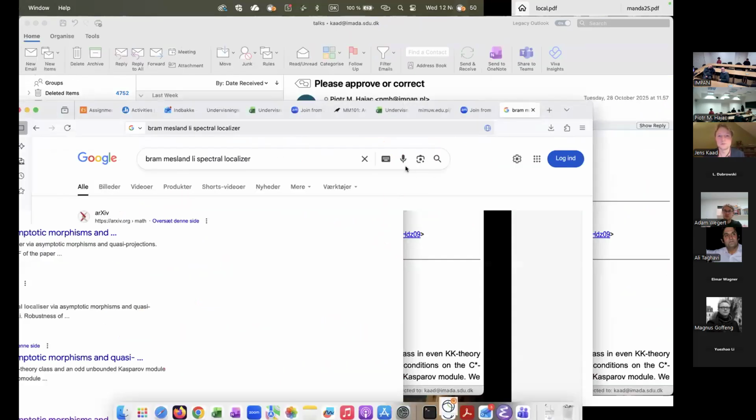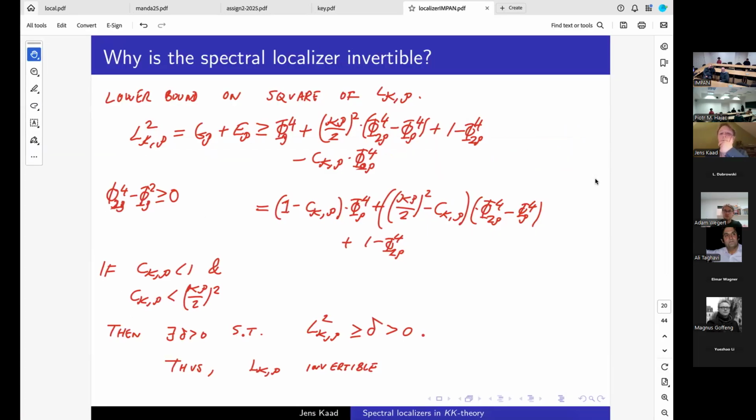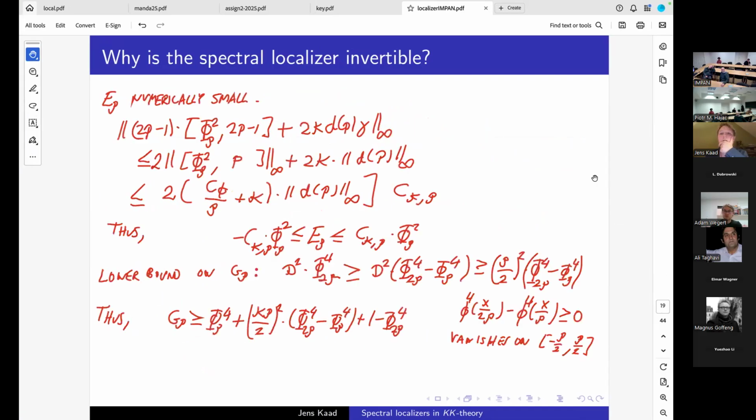Can you use instead of C kappa rho some other norms? I don't know. You have to use something related. Also, this is the same thing that appears in the work of Terry Loring and Hermann Schulz-Baldes. So this C kappa rho relates to the operator norm of the quantum derivative of my projection P. And otherwise, C phi here is an explicit constant that you can compute in practice.